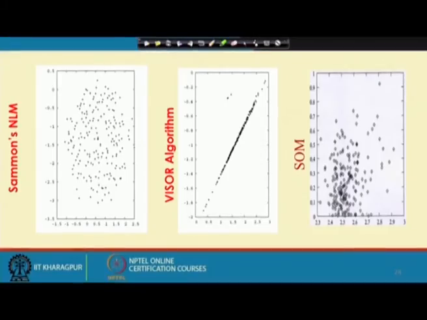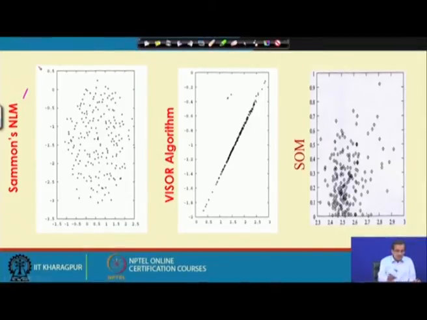What we do is, we generate 1000 data points on the surface of this objective function in 5 dimension, and we do the mapping in 2 dimension for all 1000 data points using 3 different techniques: Sammon's nonlinear mapping, the Weiser algorithm and the self organizing map.